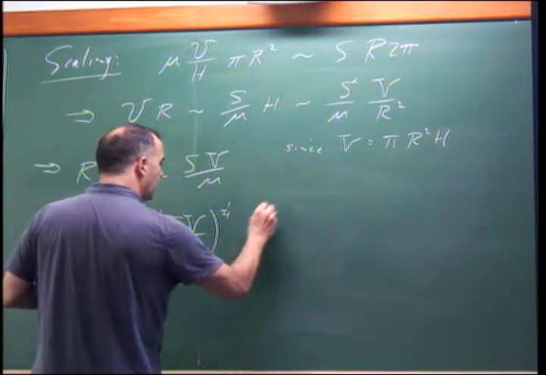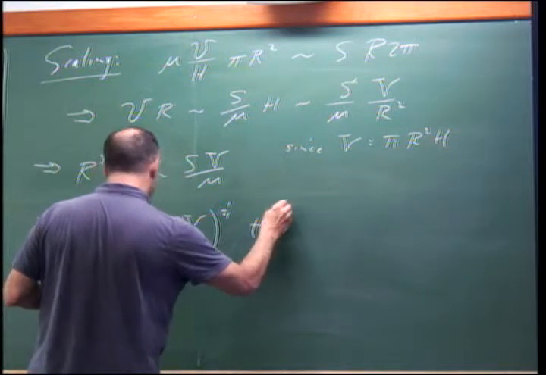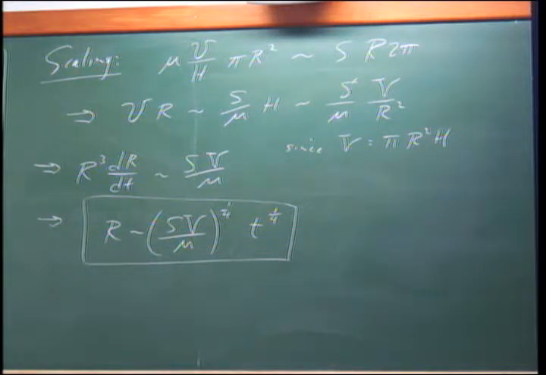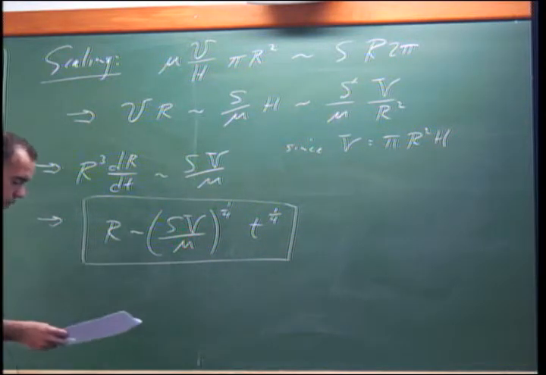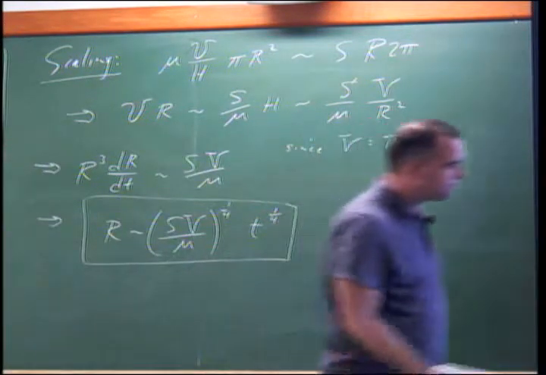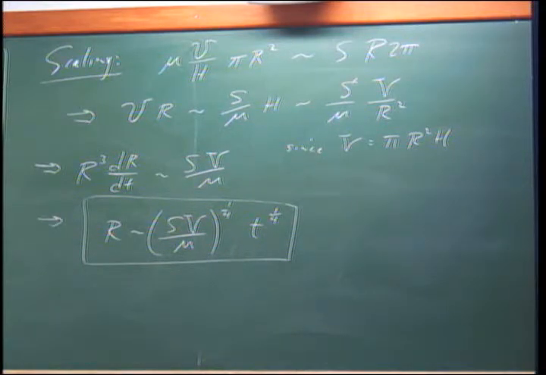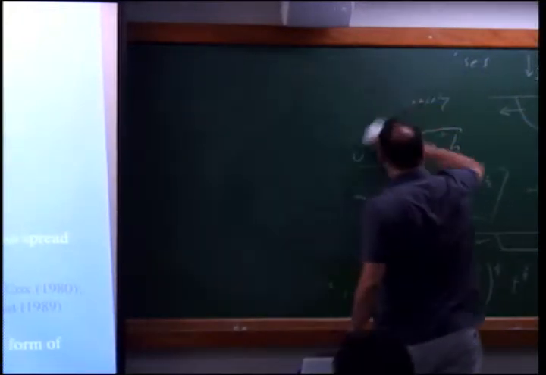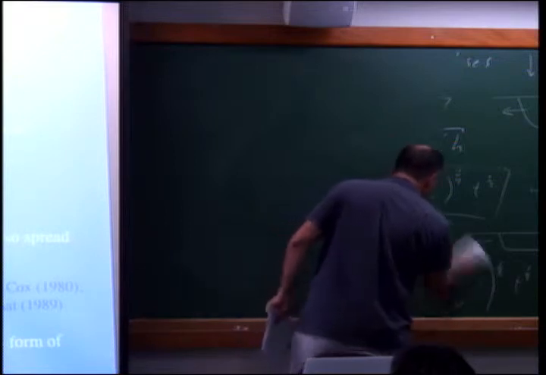This is what we got last time when we were looking at spreading of a fluid over a solid. So we're going to get this 1/4 scaling, and there's an additional spreading phase, which we'll call phase 3B. Now the principal viscous dissipation happens not inside the lens but outside the lens, so this doesn't have an analog. I suppose it could for spreading on a solid, but we didn't look at it last time.